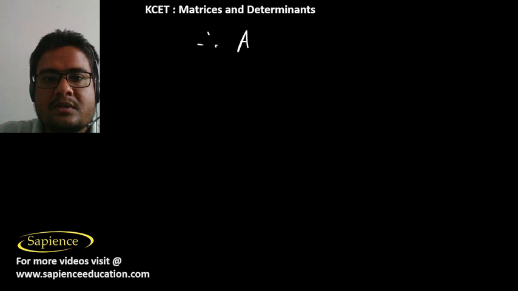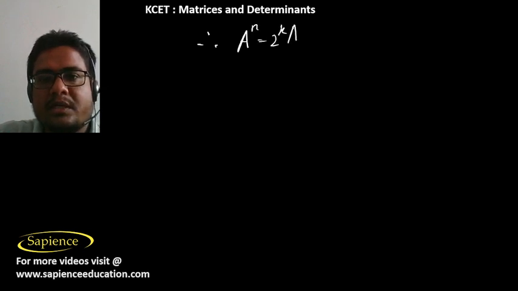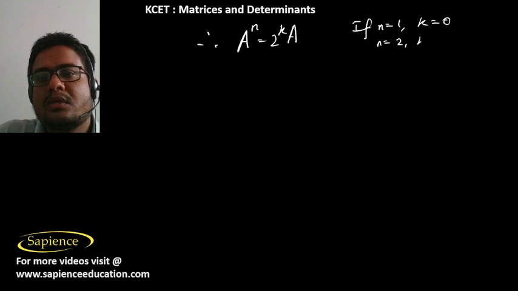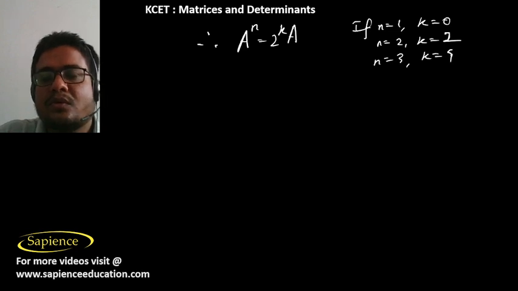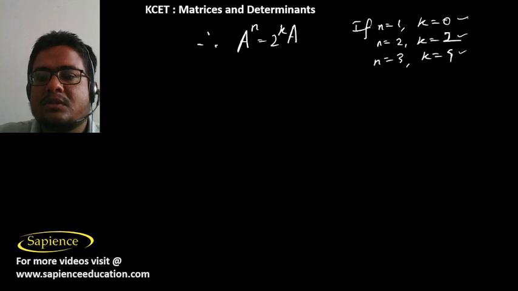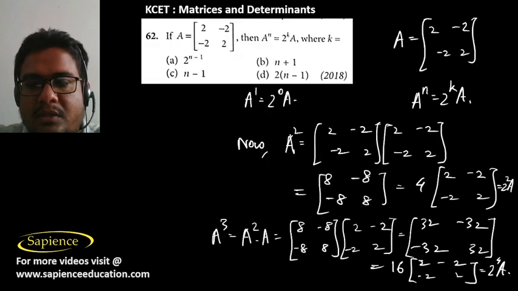Therefore, you can say that A power n is equal to 2 power k A. So here, if n is equal to 1, then k is equal to 0. If n is equal to 2, then k is equal to 2. And if n is equal to 3, then k is equal to 4. So the first term is 0, second term is 2, third term is 4. So it is going like an AP.